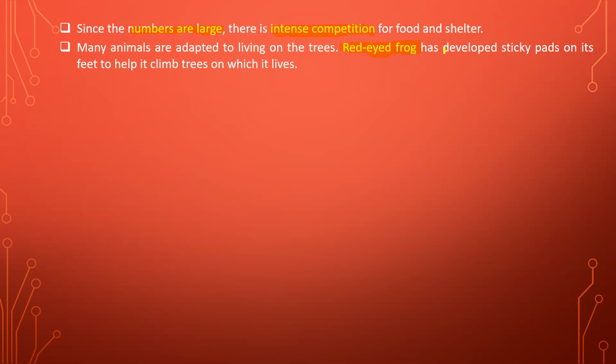They have developed sticky pads on their feet. Sticky pads mean if they are jumping on the trees, then due to their sticky pads they stick on the tree and they do not fall from that tree. That means they can easily climb those trees on which they are living. So they have developed the sticky pads to live on the trees.